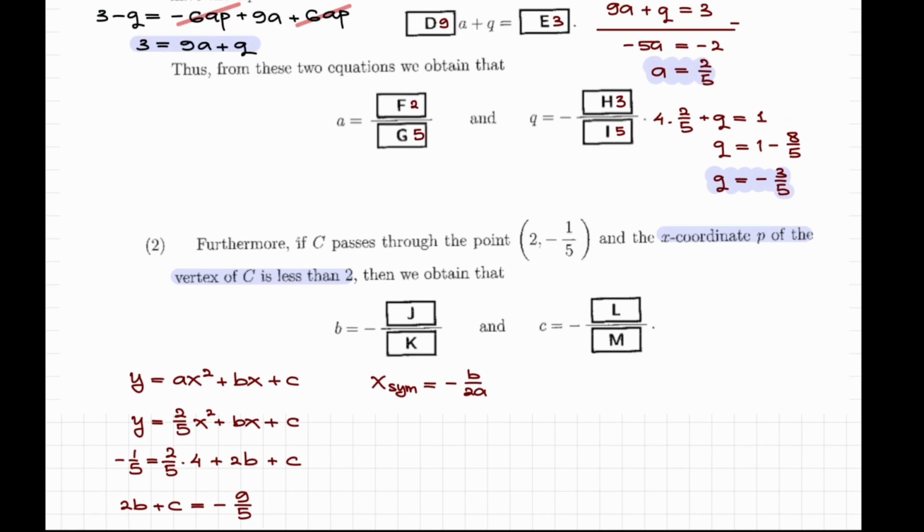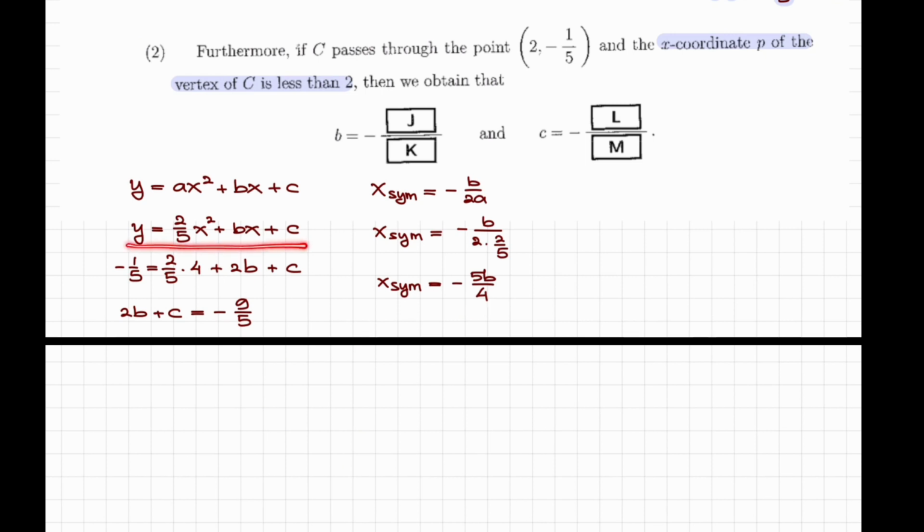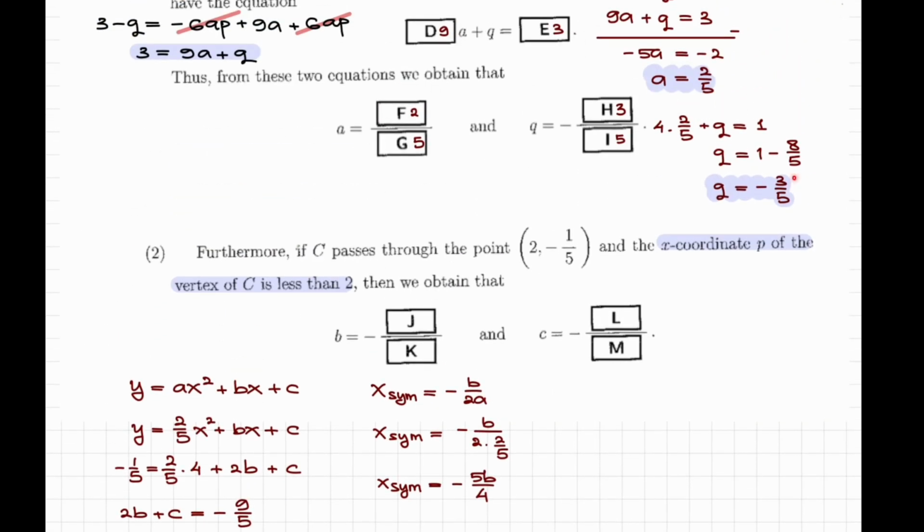Since I already know a, which is 2/5, my symmetrical axis is equal to -b/(2 times 2/5). Then my symmetrical axis is equal to -5b/4. If I substitute our symmetrical axis into the function, then the y coordinate is equal to q.